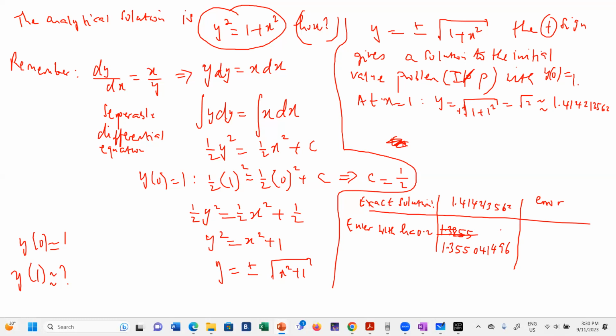If you subtract these, exact minus the estimate is 0.059, so we can find the error. The difference between the exact and the one obtained using Euler with h equals 0.2.